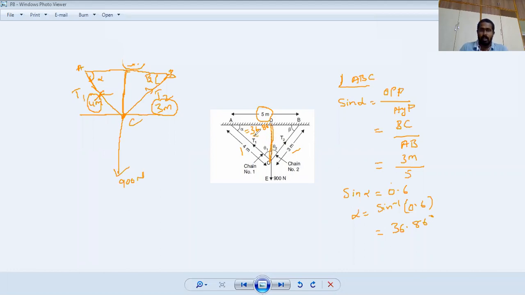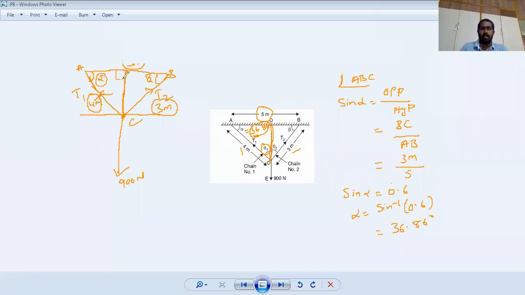So if you know the angle here is 36.86, then tell me what is the angle theta 1? You know the alpha value, and this is a right angle triangle.